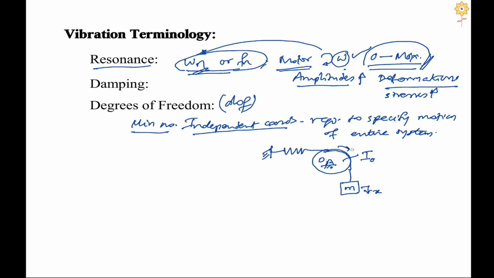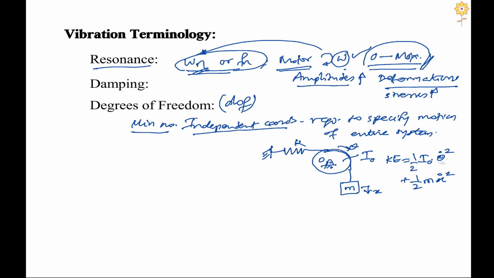So, this is theta, this is k, right. Now, I can write kinetic energy for the system for both the masses. One is in terms of rotational motion of the disk, half into I about O axis into angular velocity square, plus half into mass into linear velocity square, right.